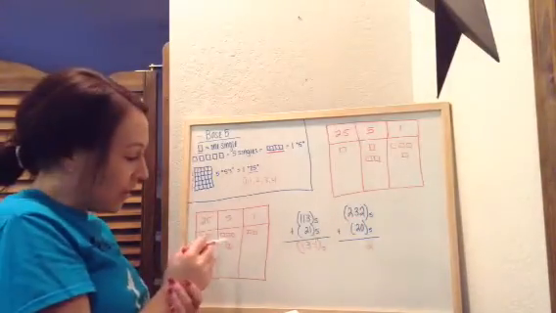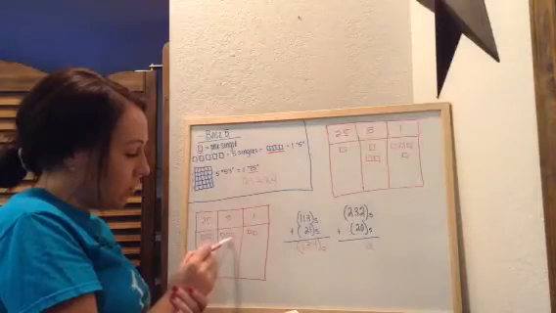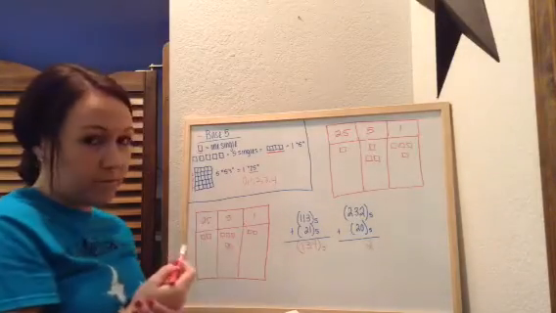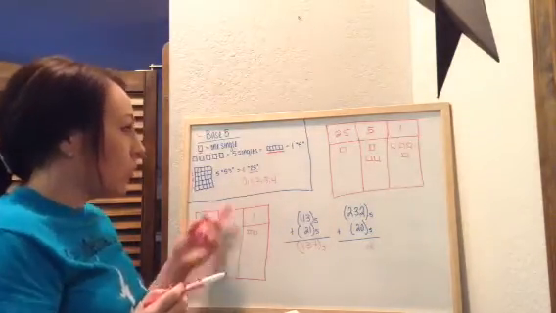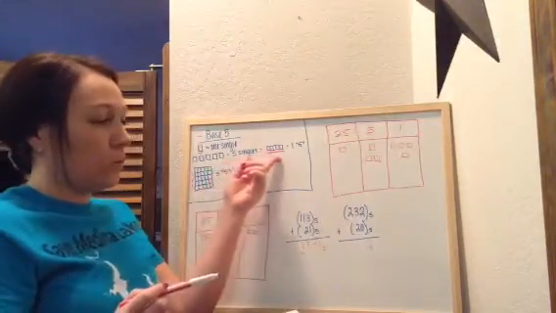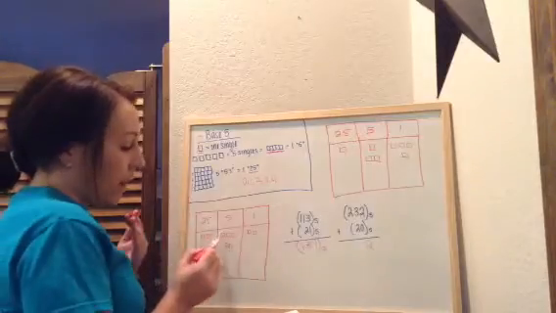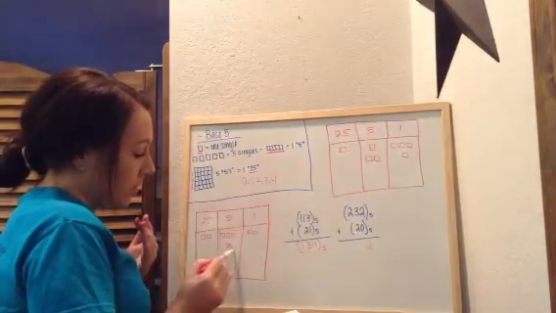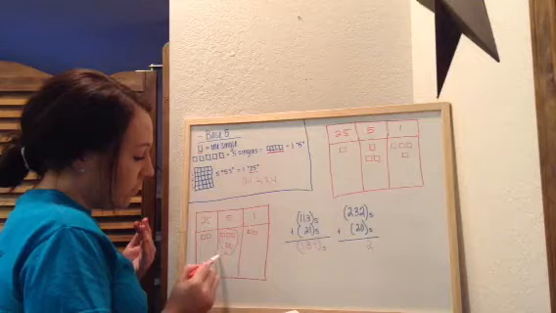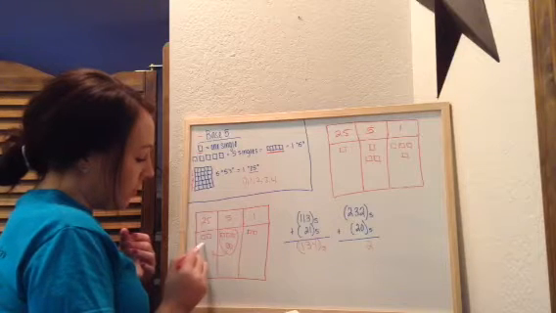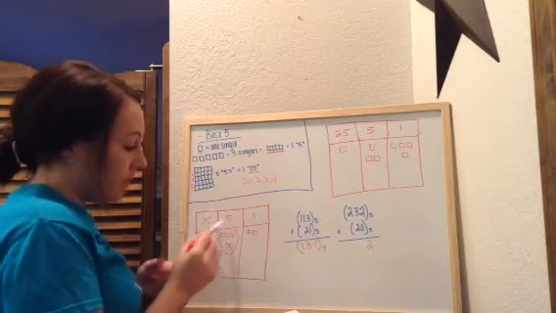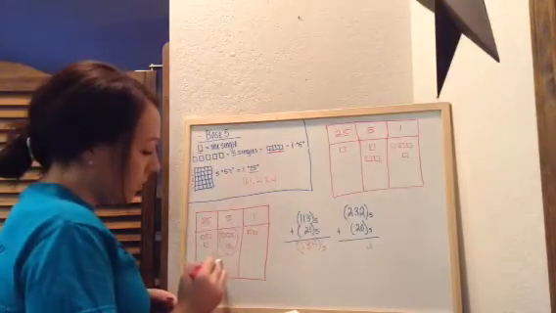Here in the 5th place, however, I have 1, 2, 3, 4, and 5. So looking back to our rules, 5 singles equals 1 flat, and I have to go up into the next denominator. So I have 5 groups here. This gives me 1 up into the next denominator and leaves me 0 singles.